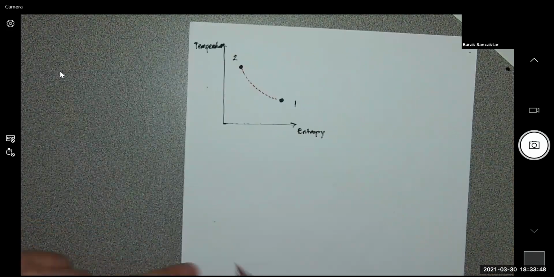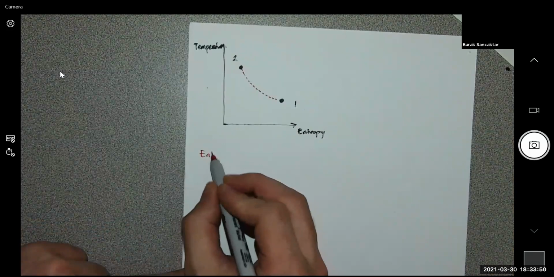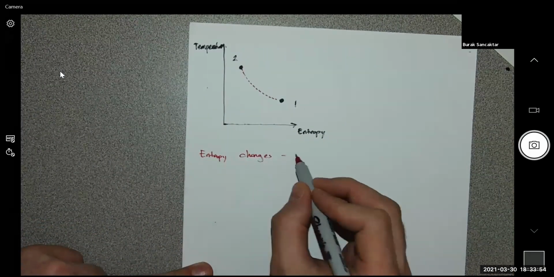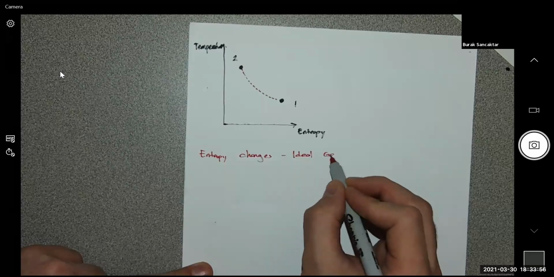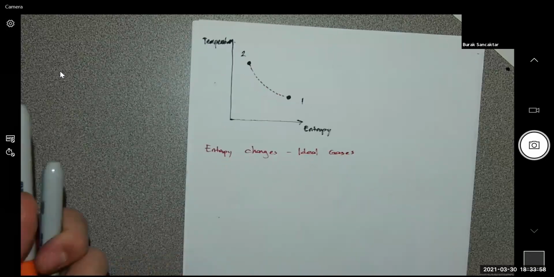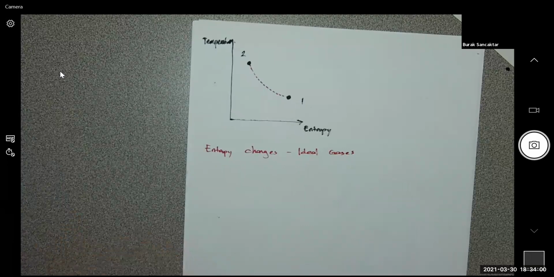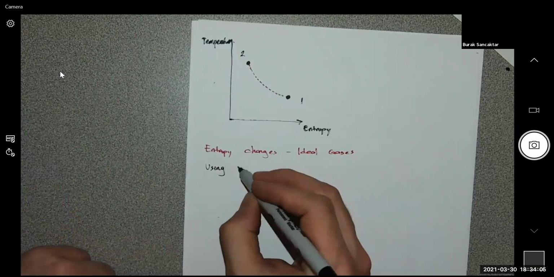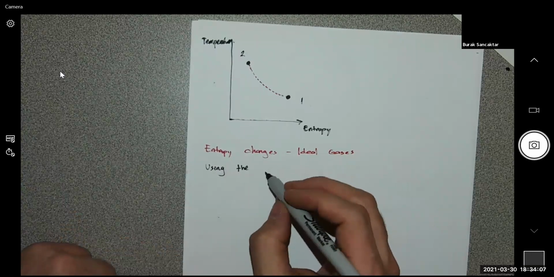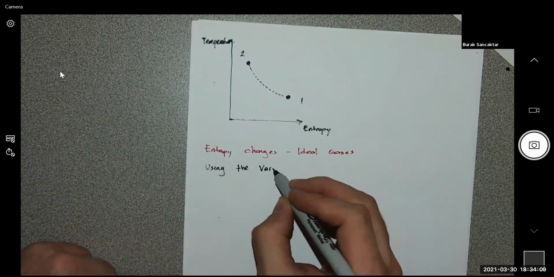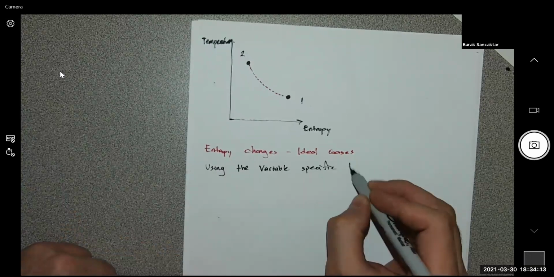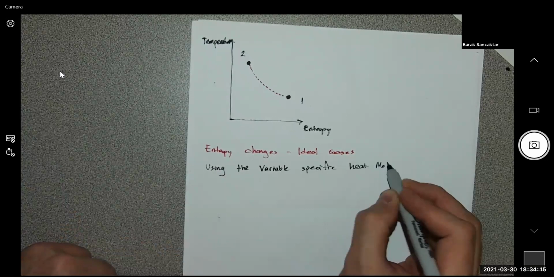Okay, so let's continue on entropy change. Entropy change in ideal gases, but in this case we are going to look at it using the variable specific heat model.